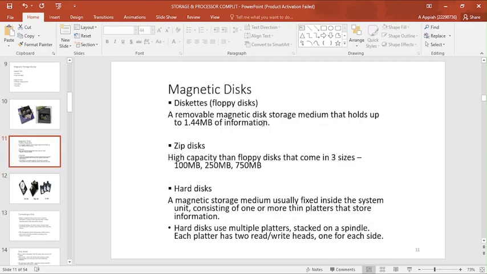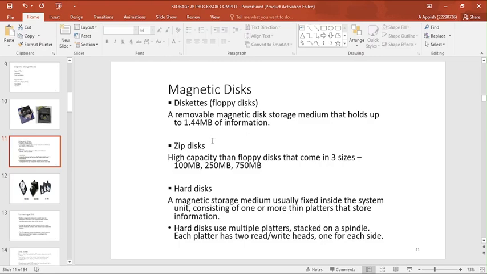So under magnetic disks, we mention diskette or floppy disks. Now, what is it? These are removable magnetic disk media that hold up to only about 1.44 megabytes of information. It holds a very small amount of data or information, less than even 2 megabytes.